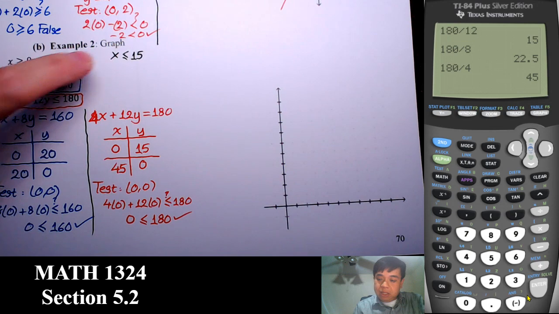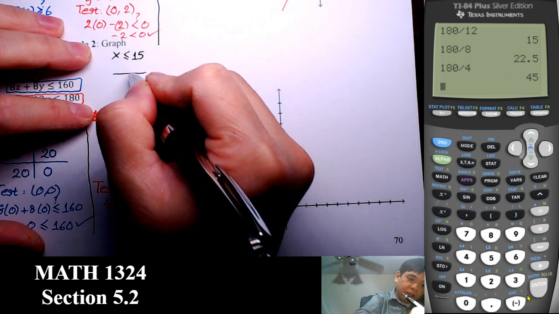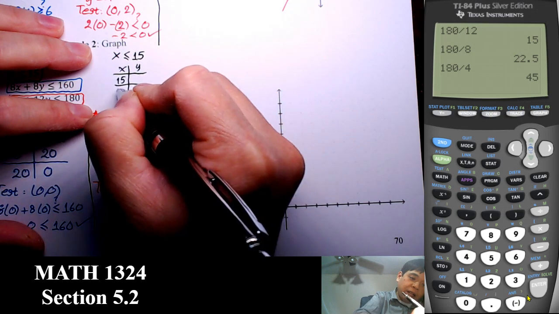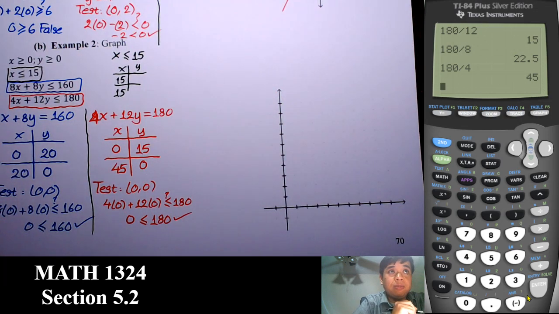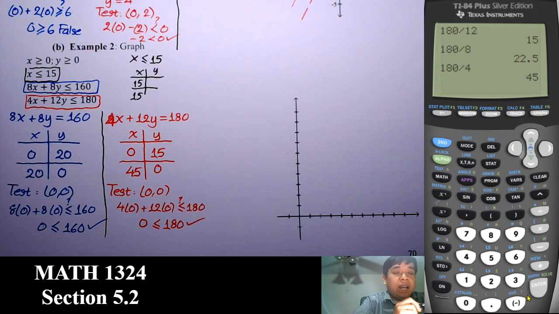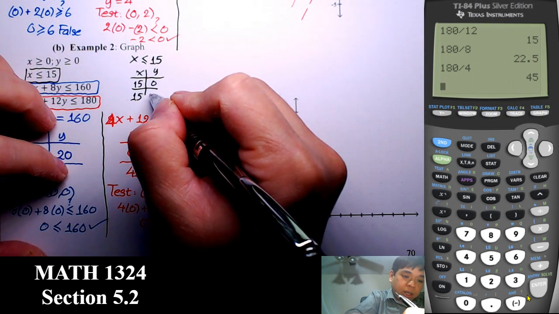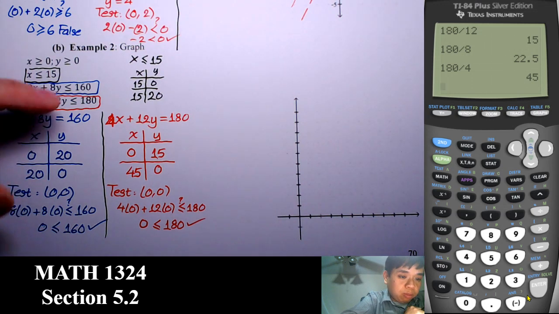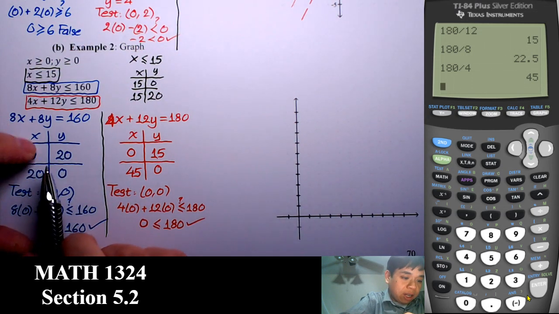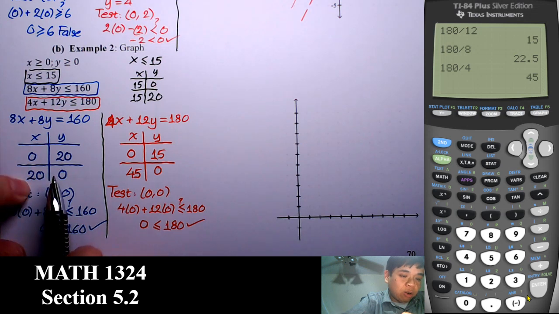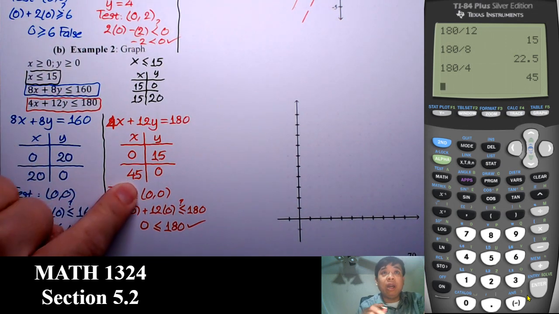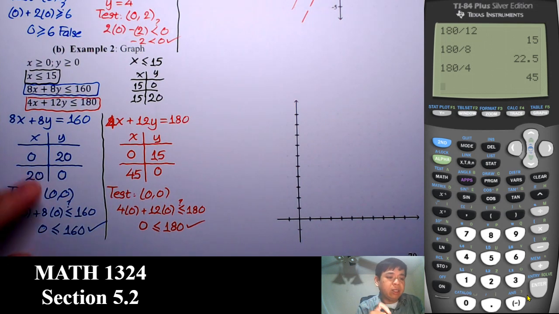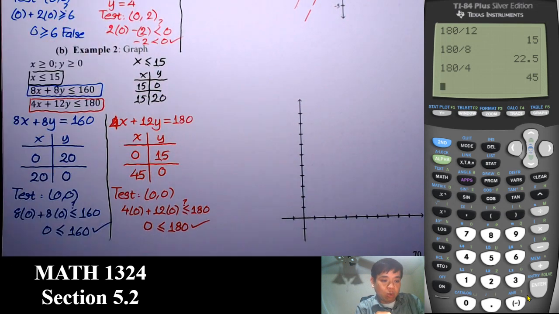And then we have x equal to 15, because if we want to graph, we can choose whatever y is, but x has to be equal to 15. That's easy. Right. Let's choose 0 and 20. Now, the reason that we need all of these points before we graph is so we know that on the x values we have 0, 20, 15, and 45. So we have to choose x to be big enough to go up to at least 45, and y has to be as big as 20.